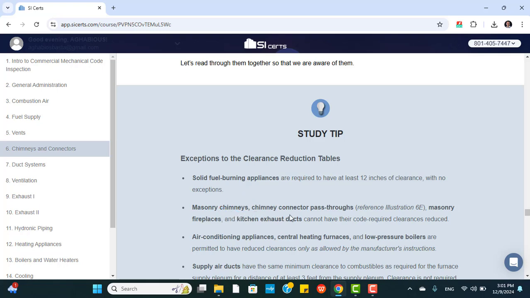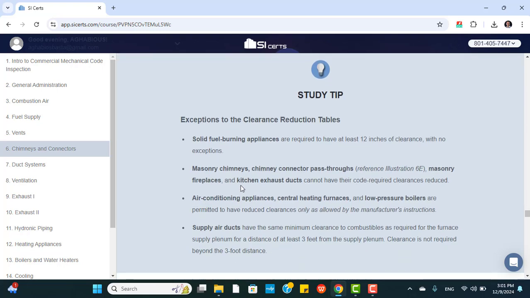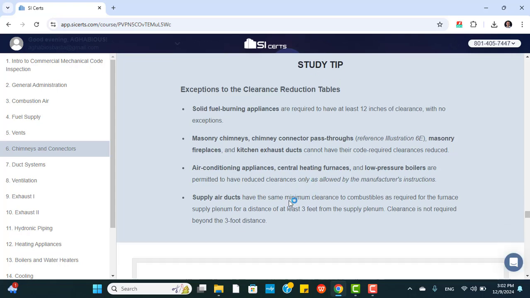Masonry chimney connector pass through, reference illustration 6E. Masonry fireplaces and kitchen exhaust ducts cannot have their code required clearance reduced. Air conditioning appliances, central heating furnaces, and low pressure boilers are permitted to have reduced clearance only as allowed by the manufacturer instructions.